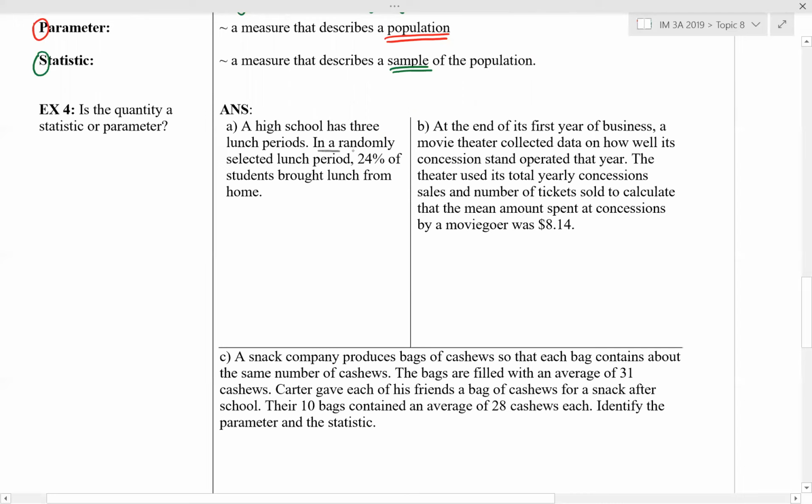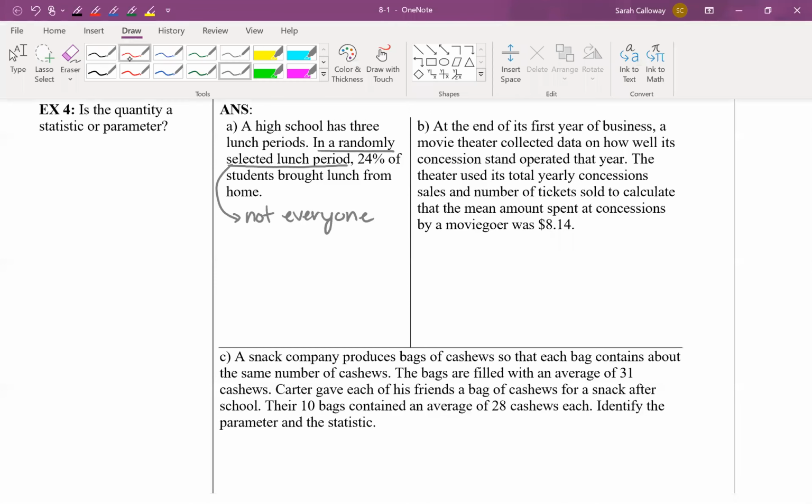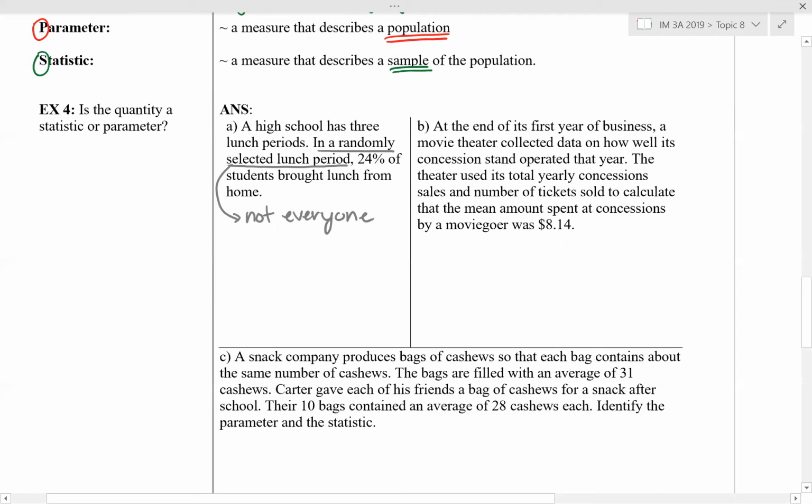So in a randomly selected lunch period, that's not everyone. 24% of students brought their lunch. So since it does not represent everybody, this is a statistic. So the 24% is a statistic.